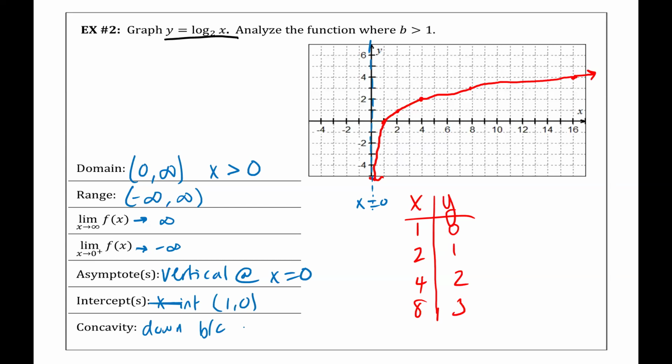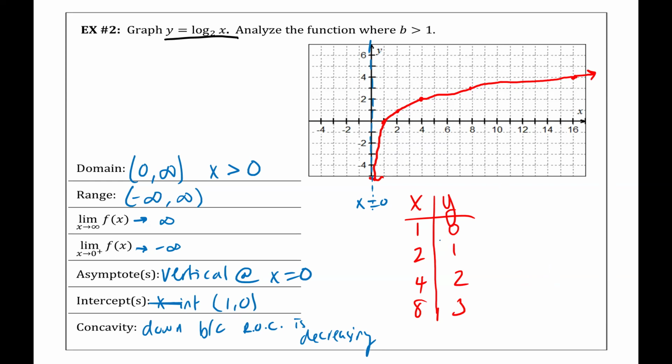Are we okay? All right. Rate of change. The rate of change is decreasing.